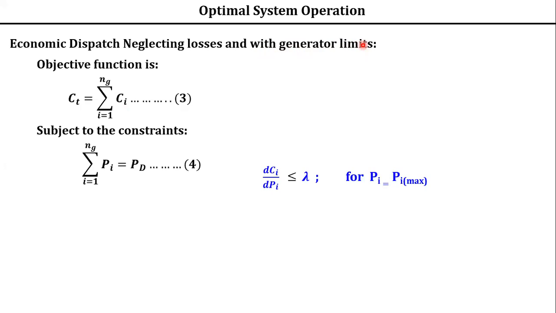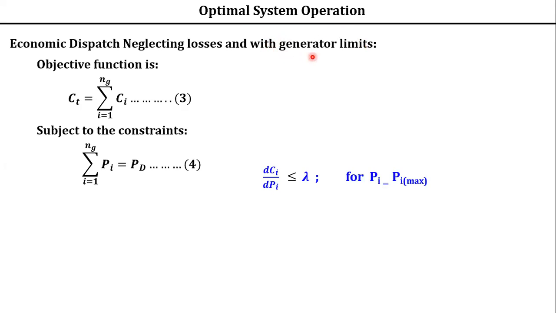That means the minimum value is 0.95 per unit and the maximum value is 1.05 per unit. This voltage has a lower bound and an upper bound. Lower bound is 0.95 per unit, upper bound is 1.05 per unit. Fine. So that is for voltage.